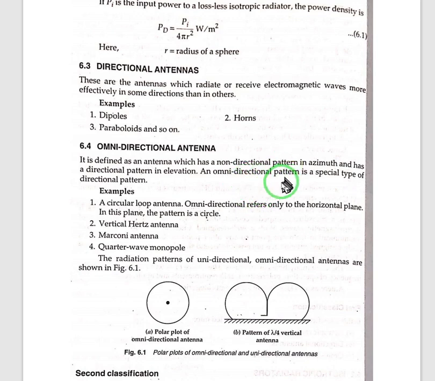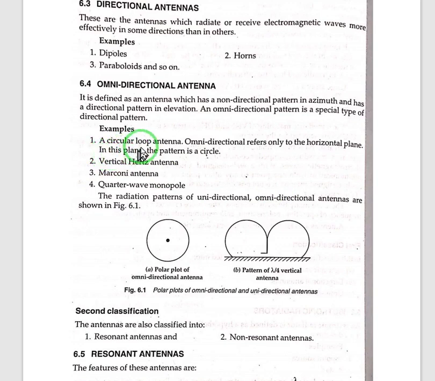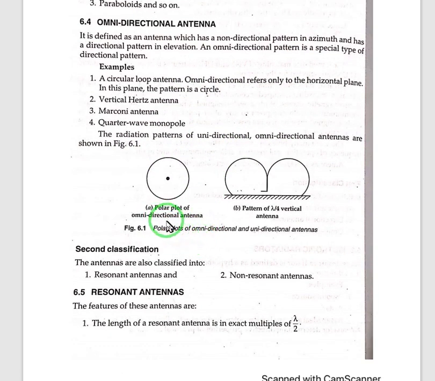For example, it has a circular loop, vertical Hertz antenna, Marconi antenna, and a quarter wave monopole. The radiation pattern of omnidirectional antennas is shown in the figure. That is the polar plot of omnidirectional antenna. That is the pattern for quarter wave monopole.